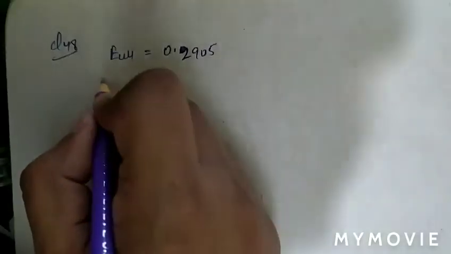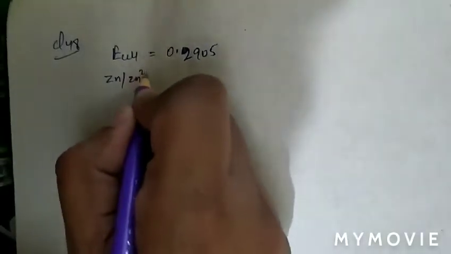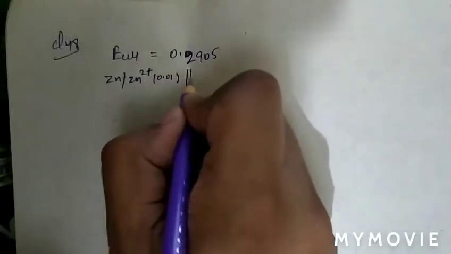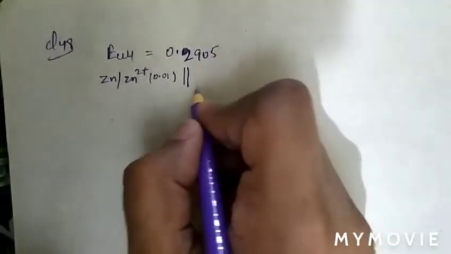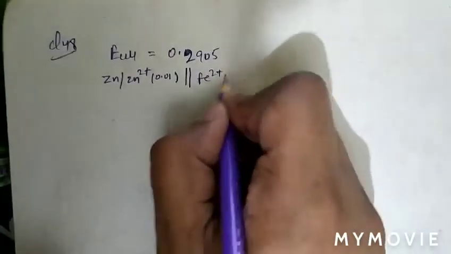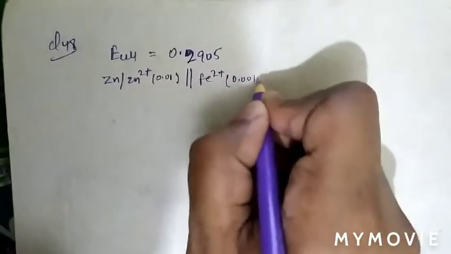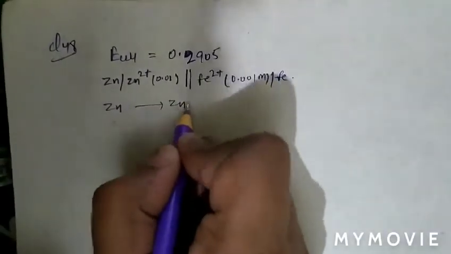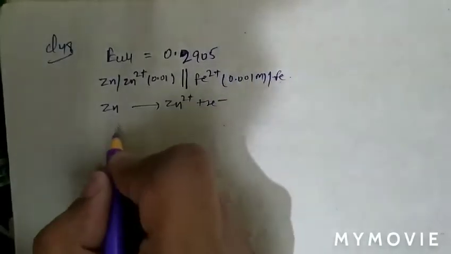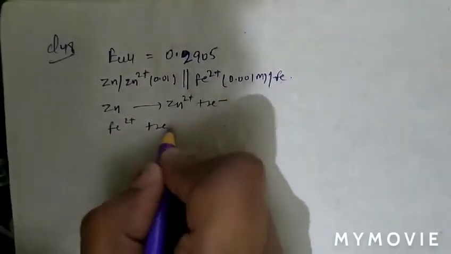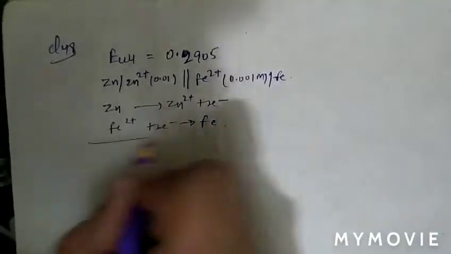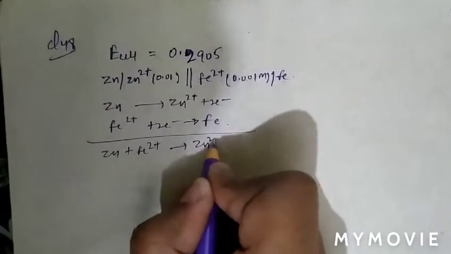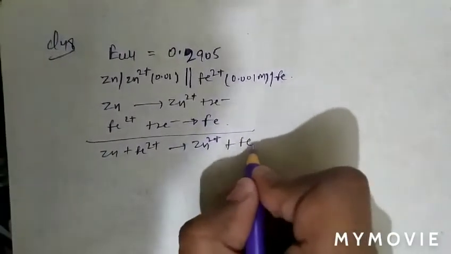The cell is also given: zinc changes into zinc 2 plus with concentration 0.01, salt bridge, then Fe2 plus reduces into Fe. Now write the cell equation. Zinc changes into zinc 2 plus by the loss of 2 electrons, and Fe2 plus by the gain of 2 electrons changes into Fe. So the net reaction will be Zn plus Fe2 plus changes into Zn2 plus plus Fe.